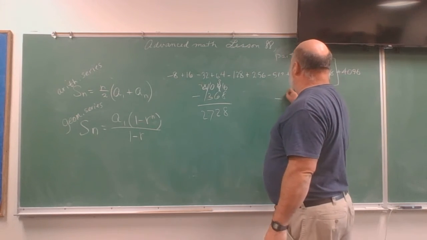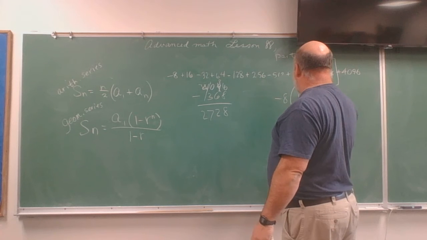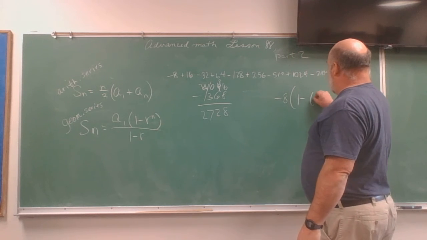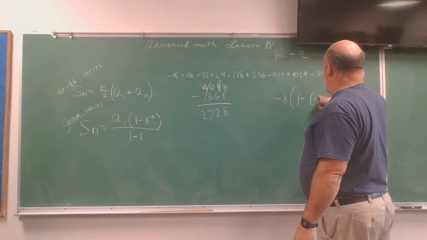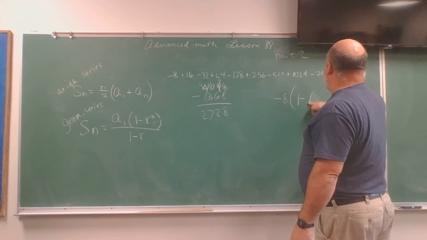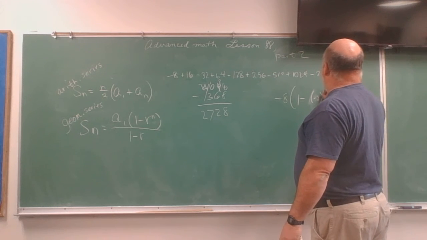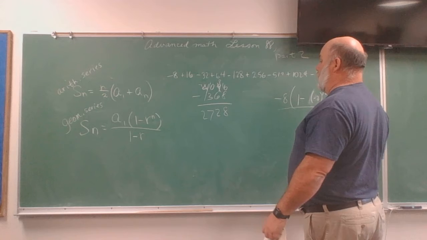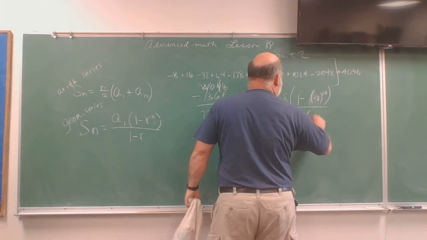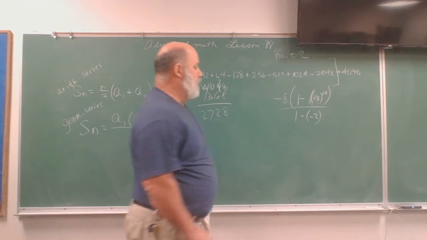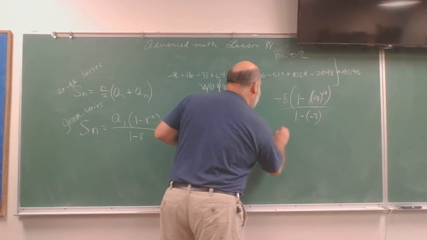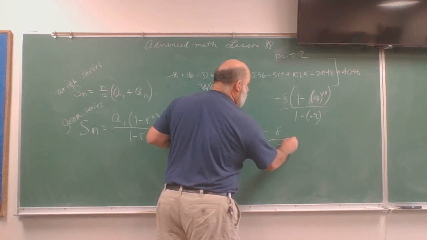My first term, negative 8, times 1 minus my ratio, negative 2 to the 10th power, over, again, 1 minus my ratio. So that's going to be negative 8 and positive 3. Negative 8, 3 down there.